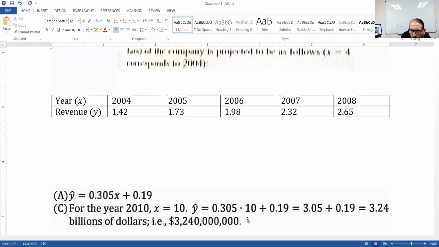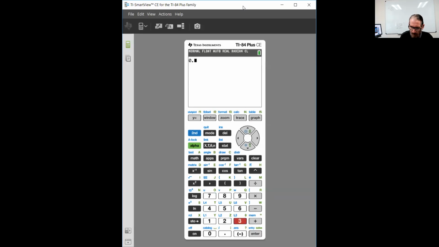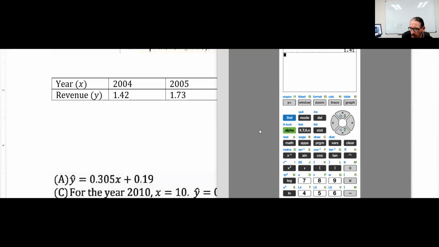If I put in 4 for 2004, 0.305 times 4 plus 0.19, that's giving me 1.41, when in fact the observed value was 1.42.